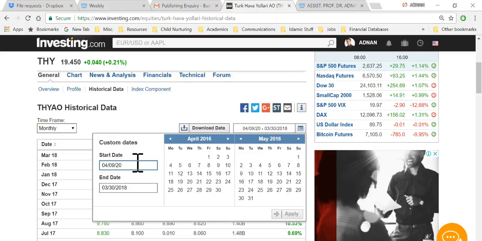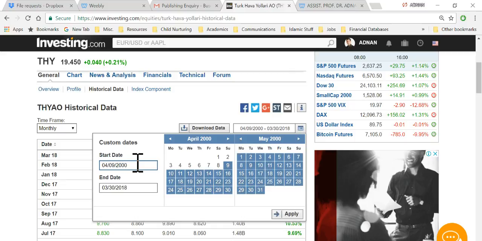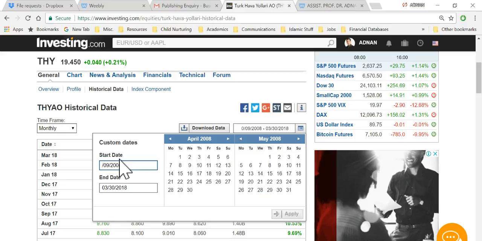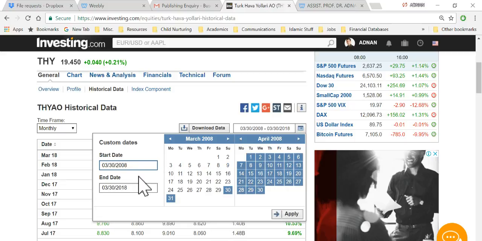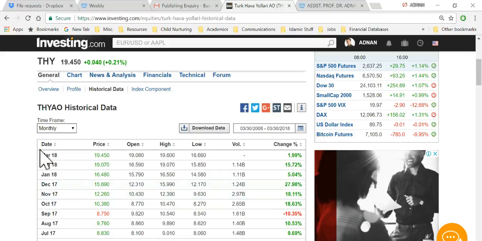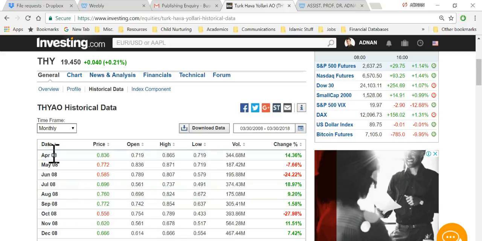So we will just set March 30. We have this data from April 2008 till March 2018. So just press this button.